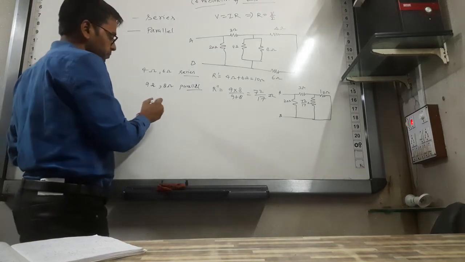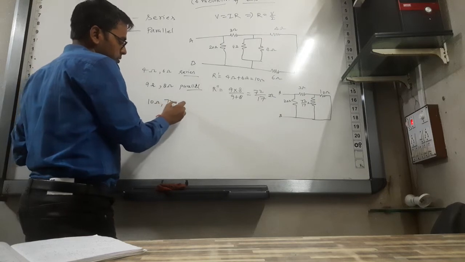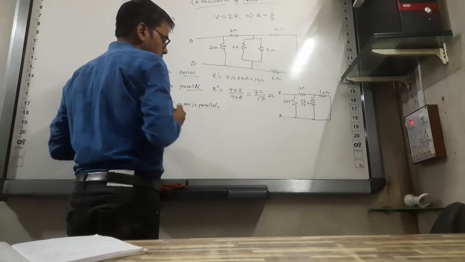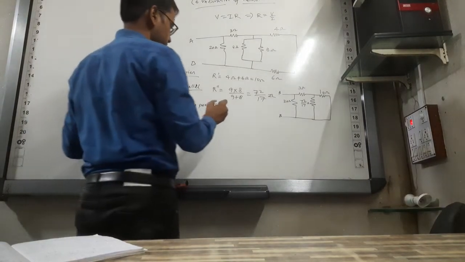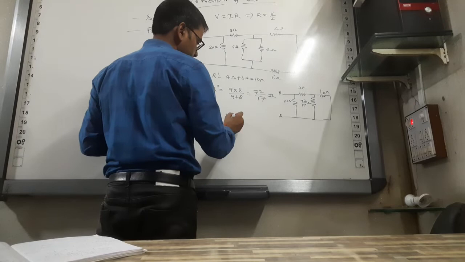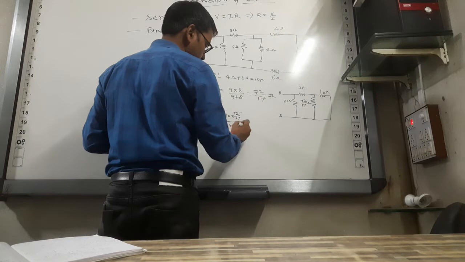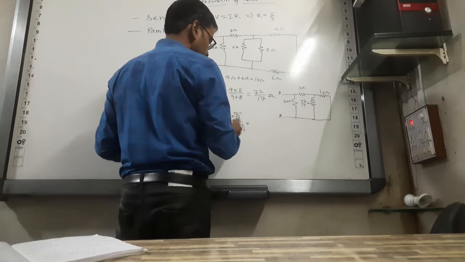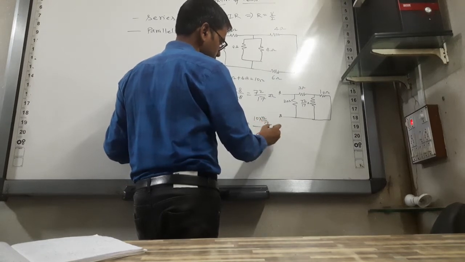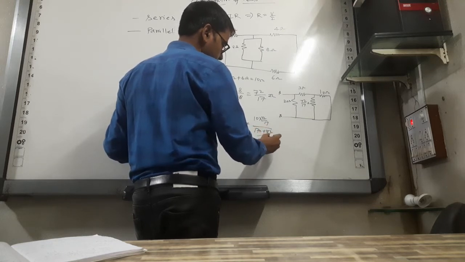So the equivalent resistance R triple dash equals 10 into 72 by 17 upon 10 plus 72 by 17, which becomes 10 into 72 over 170 plus 72 divided by 17.